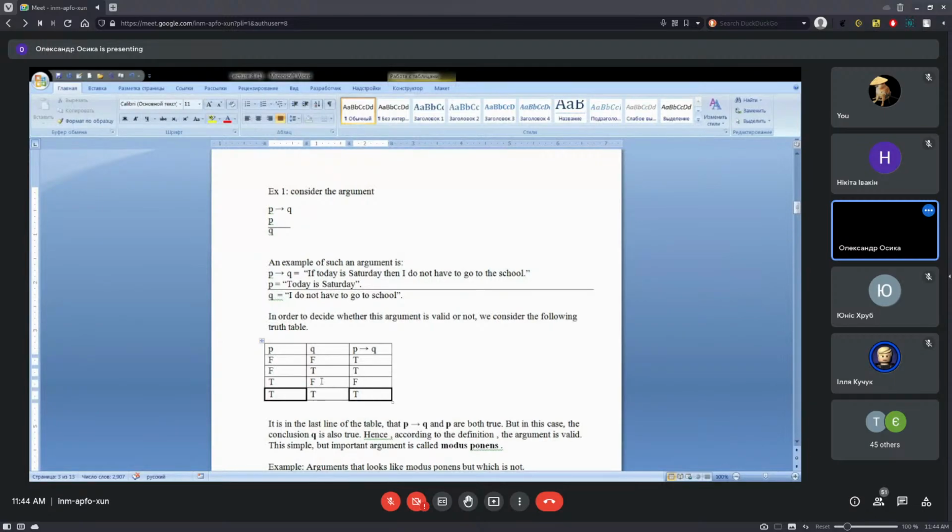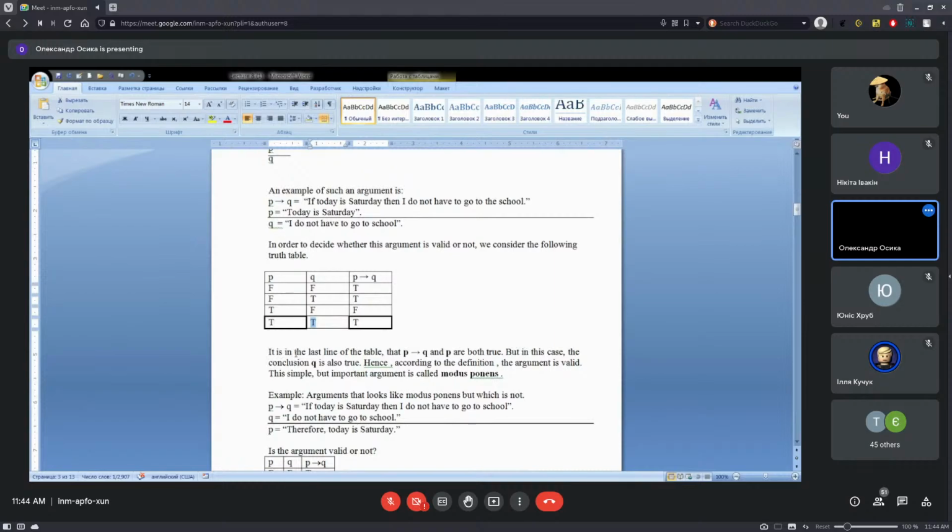So there is one interpretation when P and P implies Q are true. But in this interpretation, Q is also true. That's why it is a valid argument.